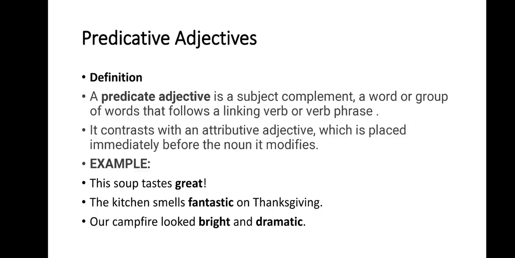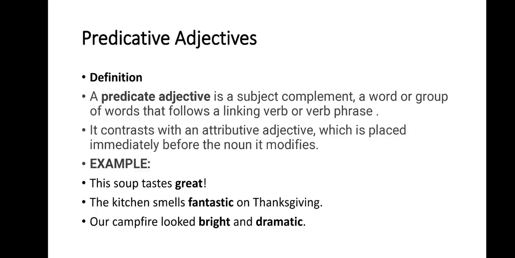Now let's see the second category, that is predicative adjectives. What are predicative adjectives? They are a subject complement, a word or group of words that follows a linking verb or verb phrase. Okay, it links a verb or verb phrase and it follows the noun basically. Second line, it contrasts with an attributive adjective.